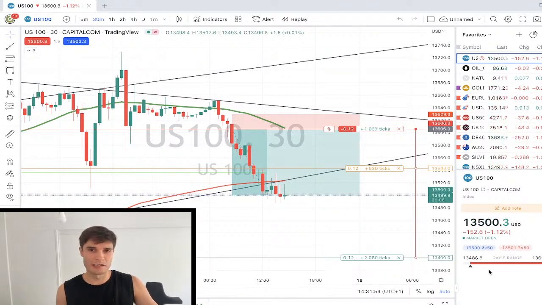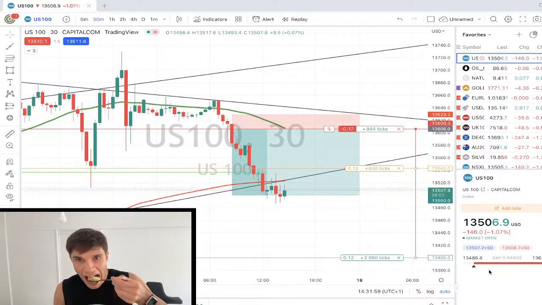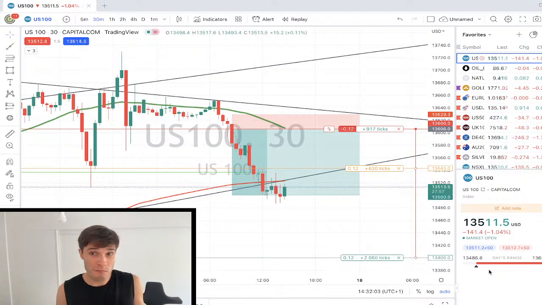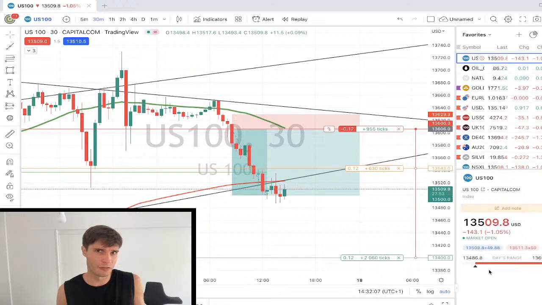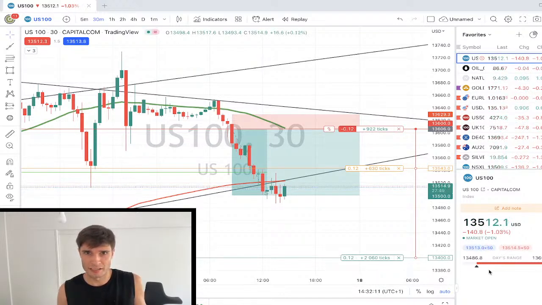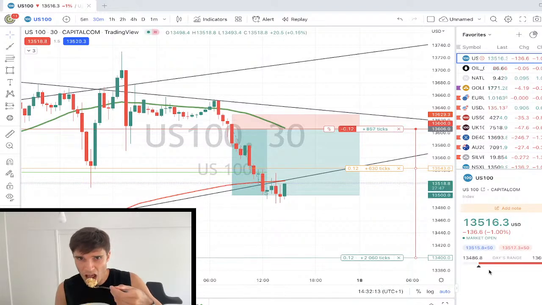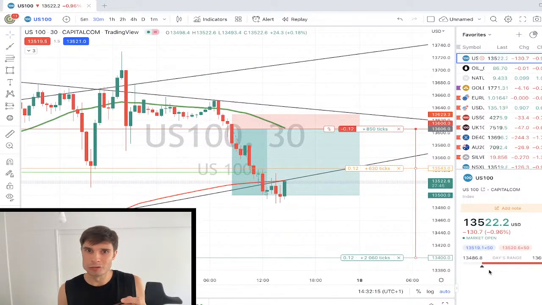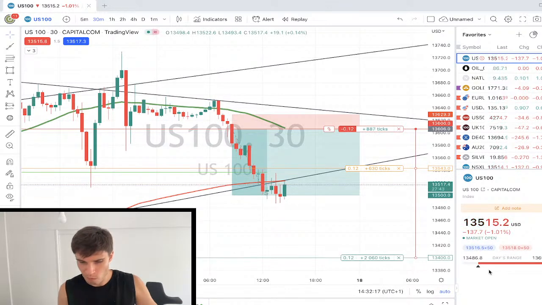I mean, the indices are usually correlated, so if Nasdaq dumps, the US 30 will follow most of the time anyway. But I mean, the Nasdaq is up 16 points since open. Looks like it's pumping, guys. Let's see.